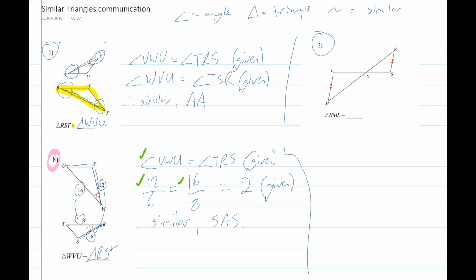So first thing I can see is 2 straight lines crossing here and here. Those 2 angles will be the same. So we say that angle LMN is the same as angle SRN.